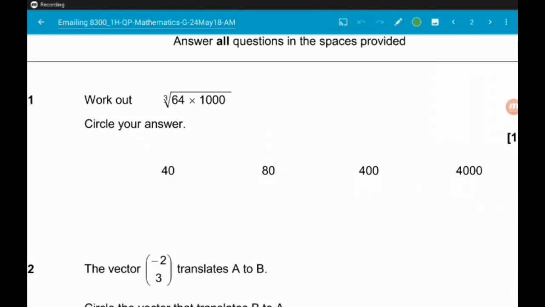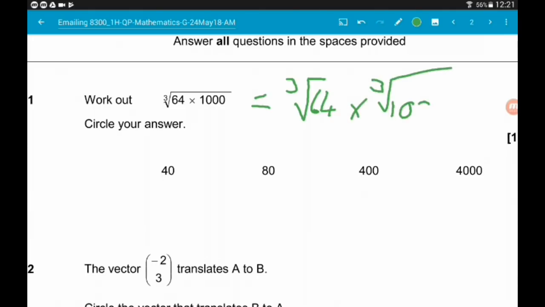Okay, question 1 wants us to work out the cube root of 64 times 1000. Now, this isn't a surd exactly, but the rules are the same because we've got a power. So the cube root of 64 times 1000 can be written as the cube root of 64 times the cube root of 1000.